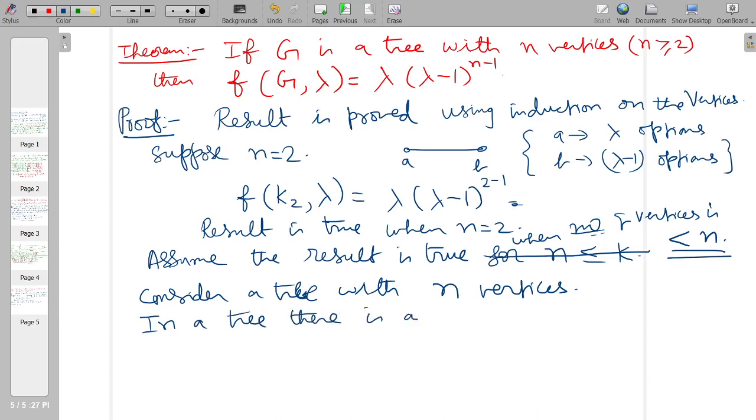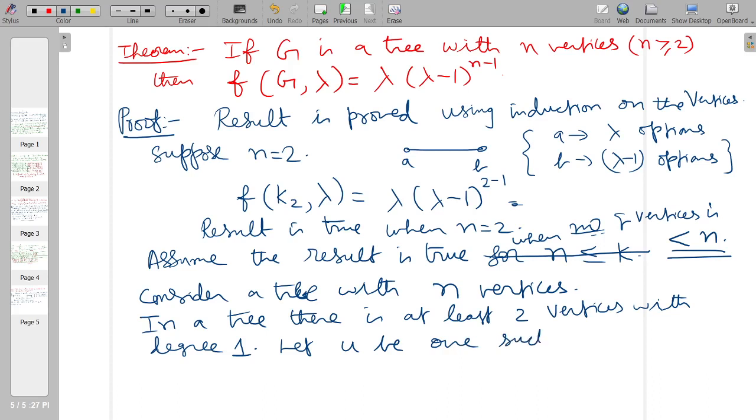In a tree there are at least 2 vertices with degree 1. Let u be one such vertex. Now consider the tree G minus u.